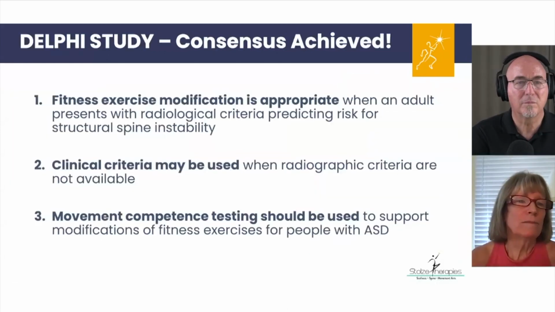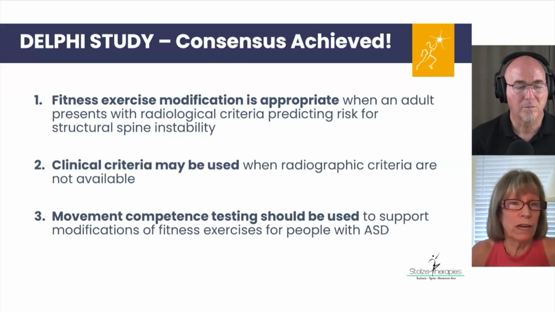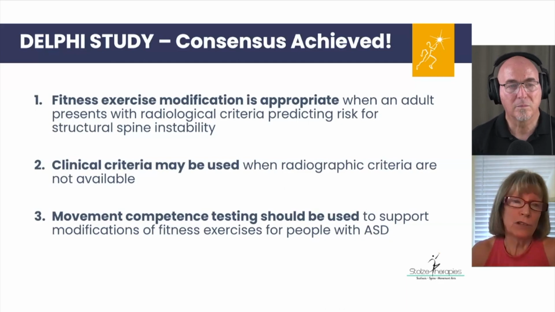Yes. So in this Delphi study, consensus was achieved. The moral of the study: number one, fitness exercise modification is appropriate when an adult presents with radiological criteria predicting risk for structural spine instability. Number two, the clinical tests, those three tests I showed you, can be used when you don't have an X-ray.